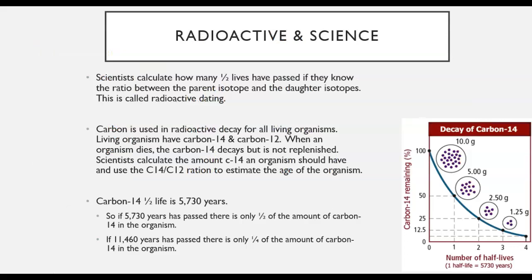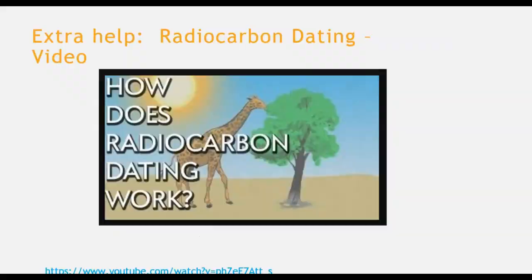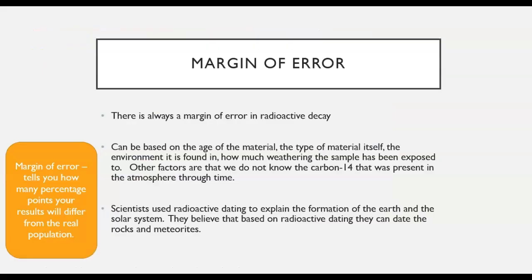Well, we use this to calculate age in science. So here is a video to help you on how it's called radiocarbon dating a lot of times because the atom being used is carbon. There's not always carbon being used, and that video will talk about it along with this material.